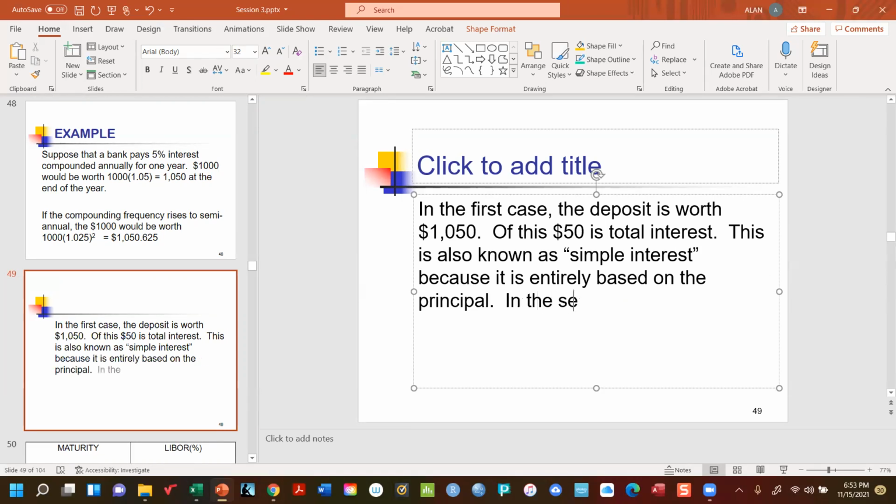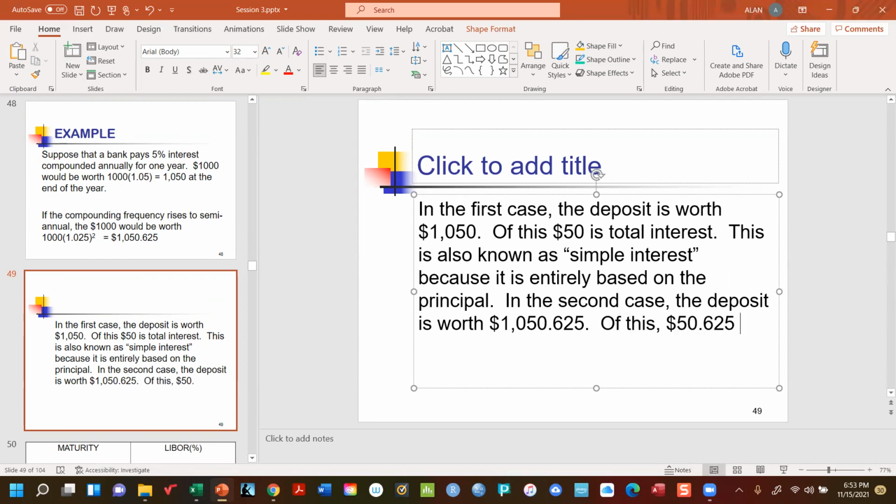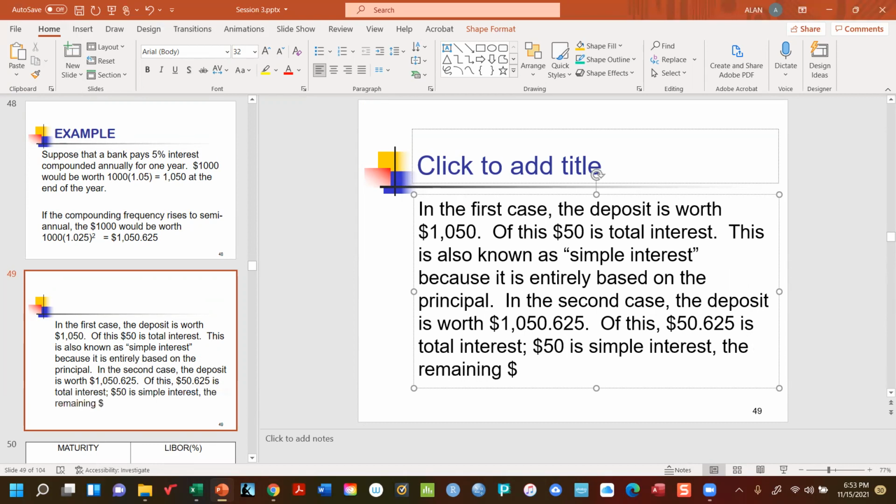In the second case, the deposit is worth 1,050.625. Of this, 50.625 is total interest. 50 is simple interest. The remaining 0.625 is what's called compound interest.